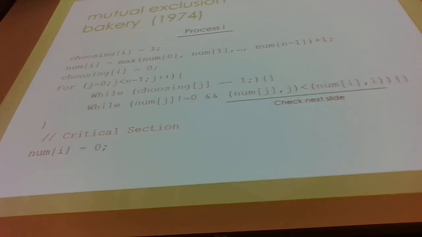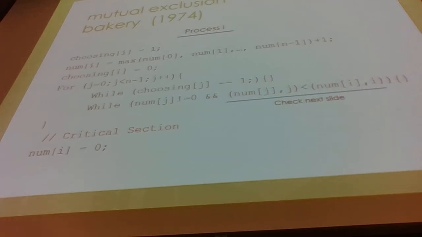In implementation, what can happen is that if process I and J came at the same time, then it might so happen that process J, let's say I is less than J, can go select the token and go and check all other processes, while process I only calculates the token and doesn't store it.